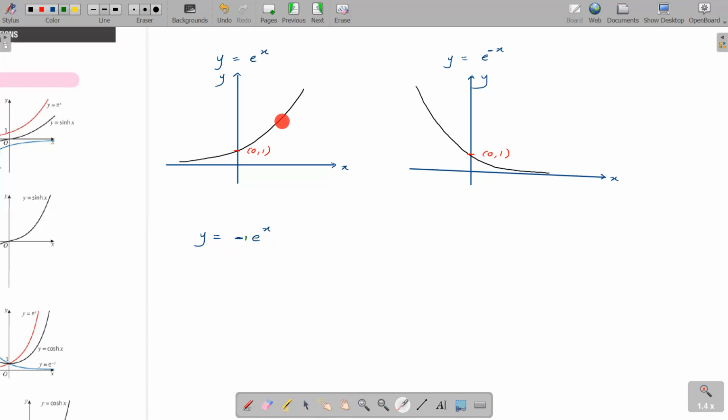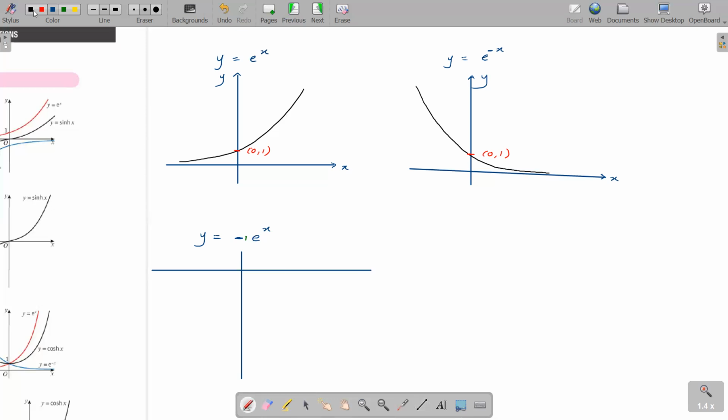Now you can see in the original e^x graph, all the y values are positive. What this minus does here is make all the y values negative. Right, guys? So this entire graph is flipped over to the other side. In this case it's a reflection in the x-axis. Can you see?